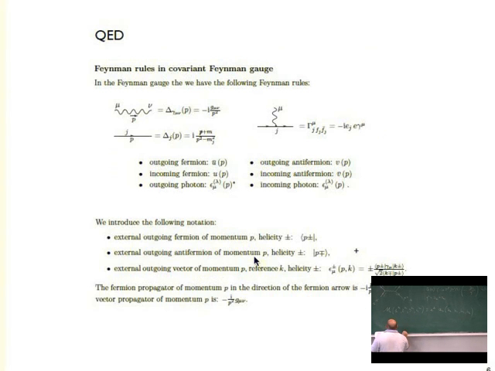So let's start first by computing A of 1 plus, 2 minus, 3 plus, 4 minus.